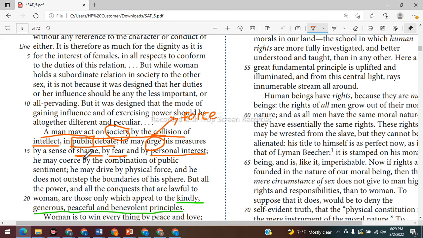He may coerce. What do you mean by coerce? By the combination of public sentiment. Say it again. Coerce. Coerce means like persuade, right?